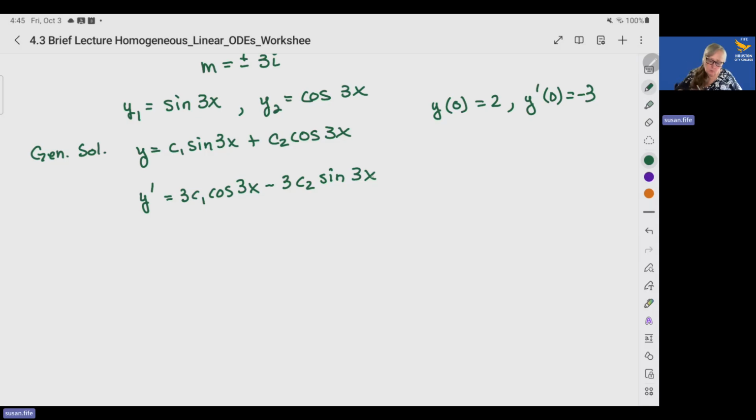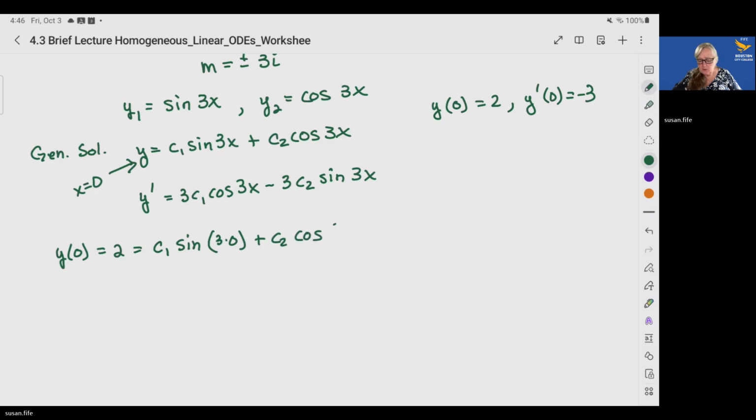Okay, now y of 0 equals 2. I'm going to substitute 0 into this equation, and I get c1 sine of 3 times 0 plus c2 cosine 3 times 0.